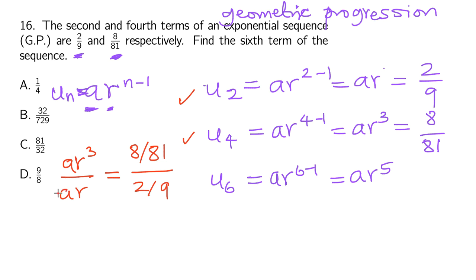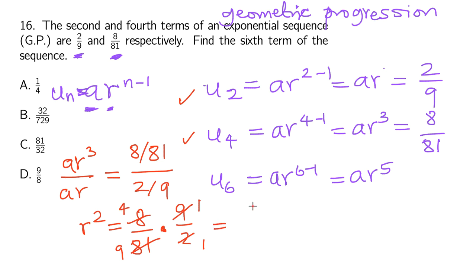Well, the a's cancel, and we have r squared equals, well, let's write this in the conventional way. You're dividing fractions, so you multiply by the reciprocal of the denominator. And what do we get? We can cancel. 9 cancels, we get a 9. 2 cancels, we get a 4. So we get r squared equals 4 over 9.